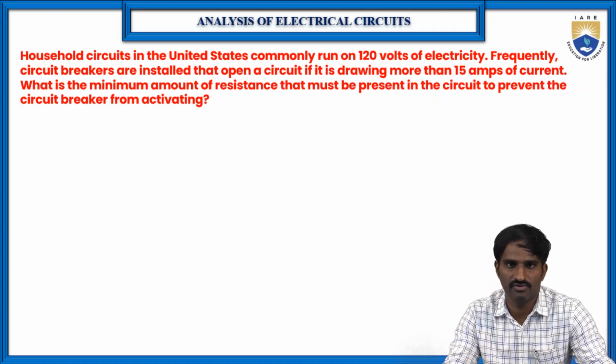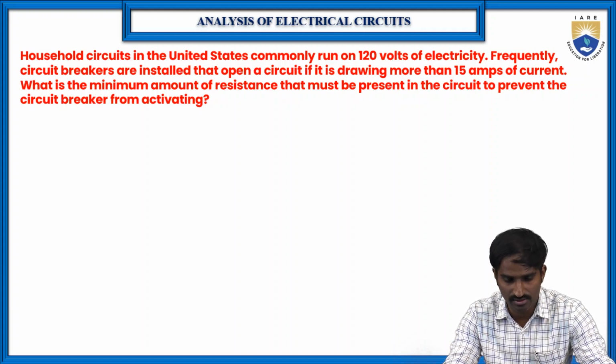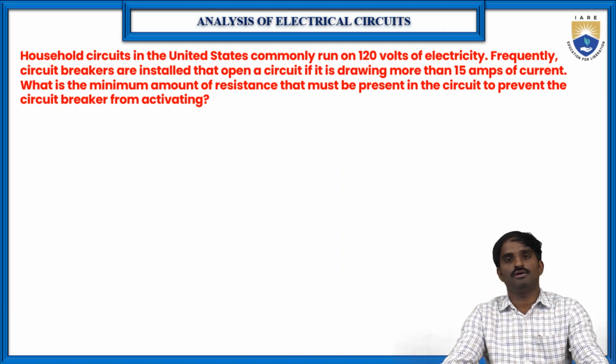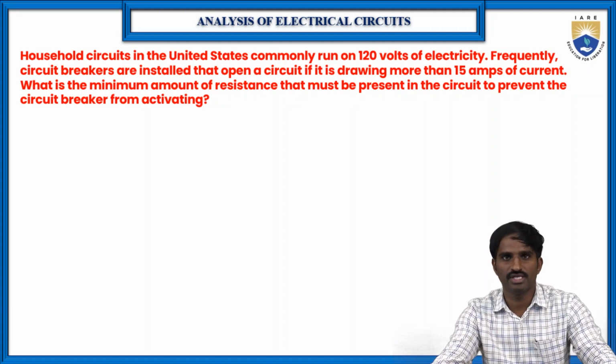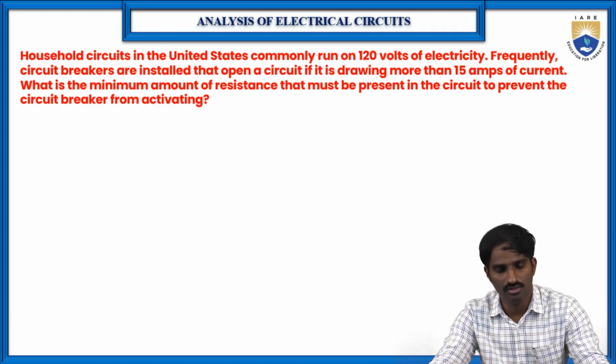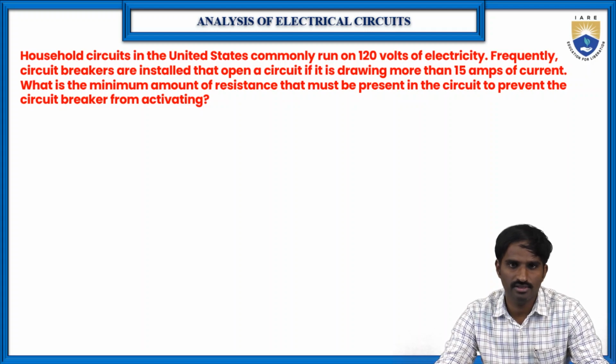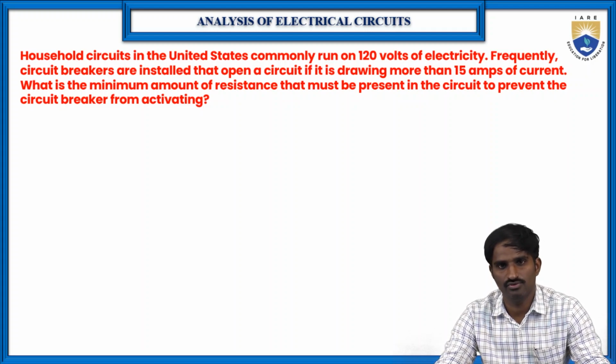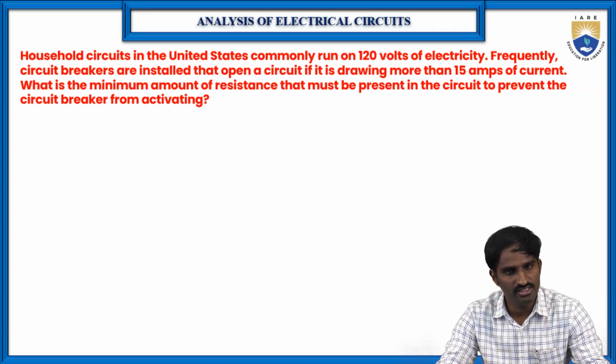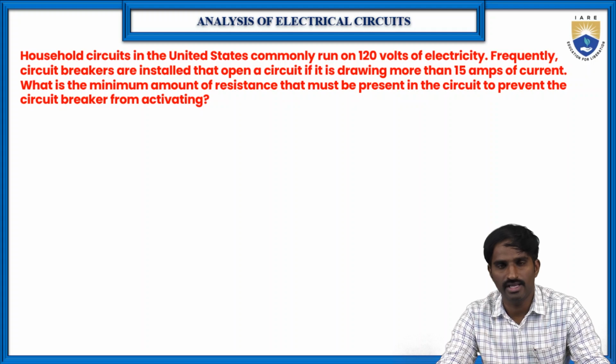First of all, we should understand the purpose of this circuit breaker. In every electronic appliance there is a rating, which means the voltage is there and the current is also usually mentioned, up to which the appliance can withstand. If more current flows through that particular circuit, then the circuit may get damaged.